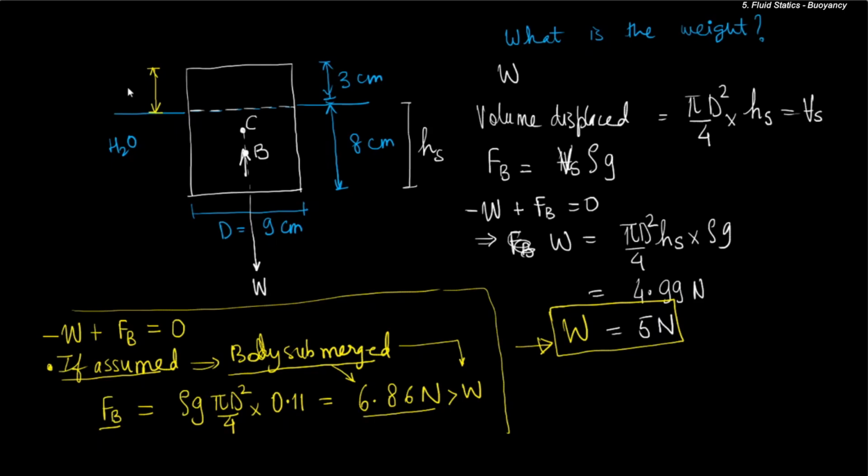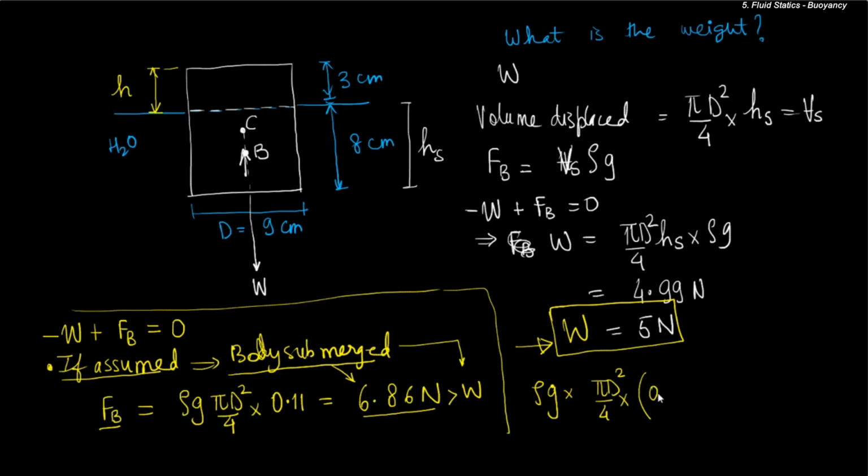So then we would parameterize. Let the height above water be small h. In that case, we can directly write the density times gravity times the volume submerged, which would be pi d square by 4 times the submerged height, in this case 11 centimeter minus h.